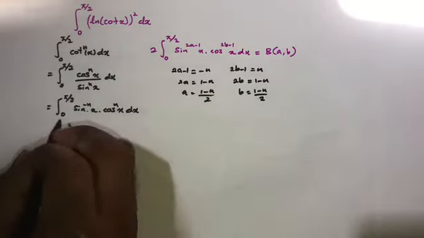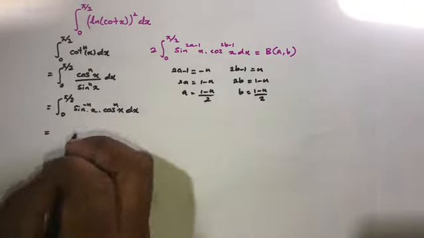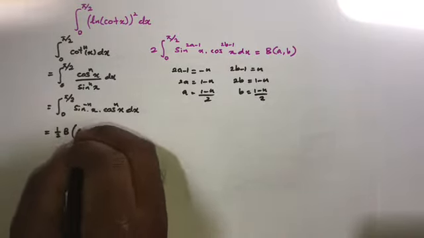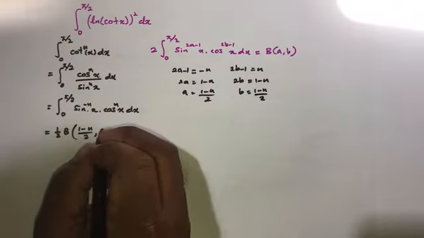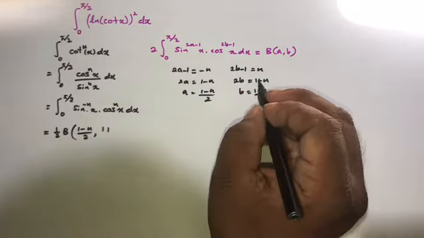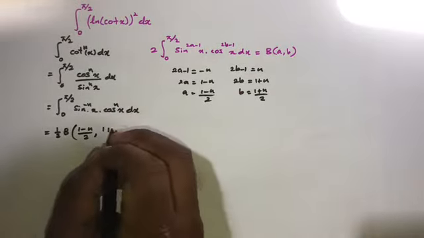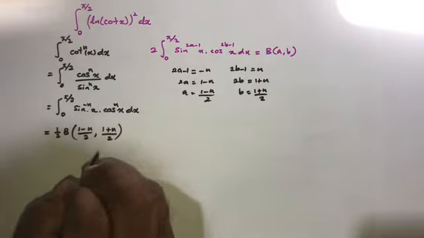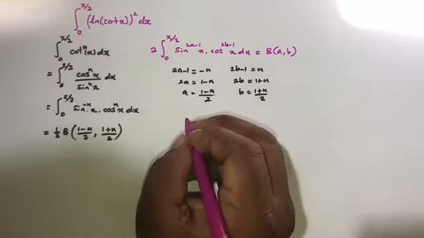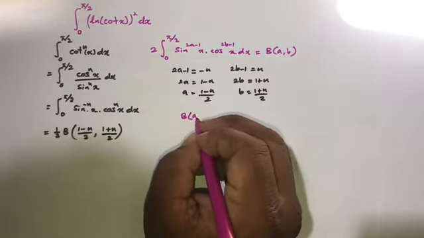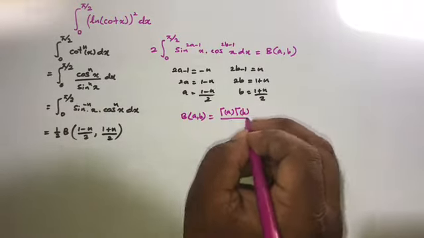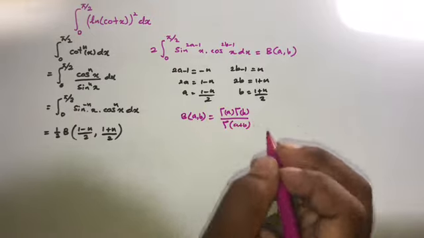So we can write this as 1/2 times beta of 1 minus n over 2, 1 plus n over 2. Now we know the formula of the beta function using the gamma function: beta of a, b is equal to gamma of a gamma of b over gamma of a plus b.